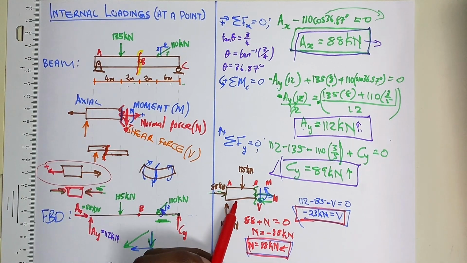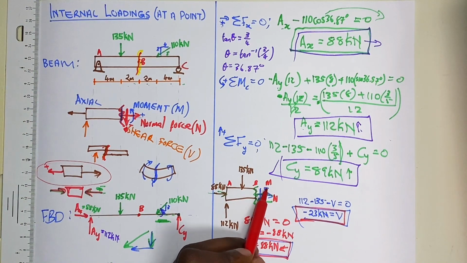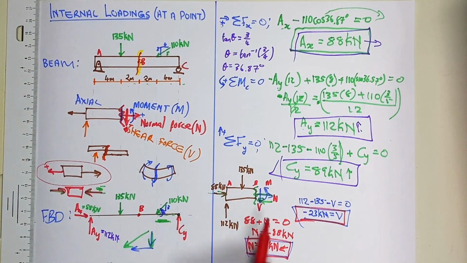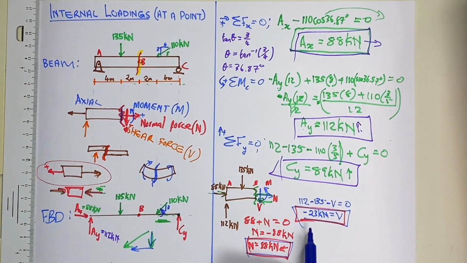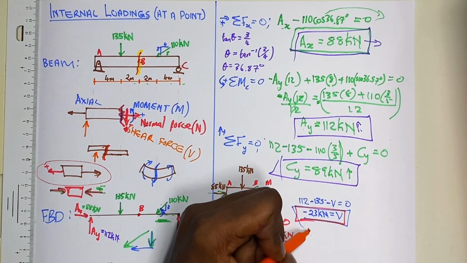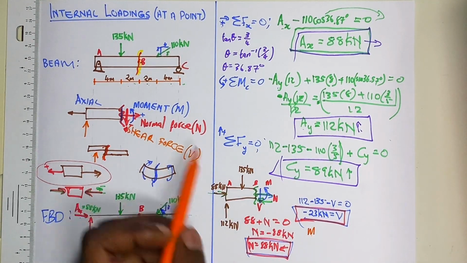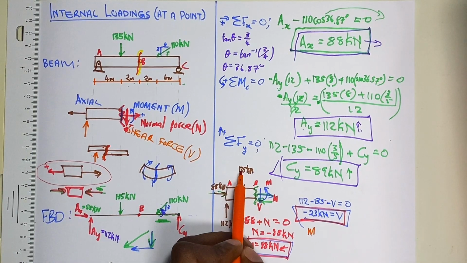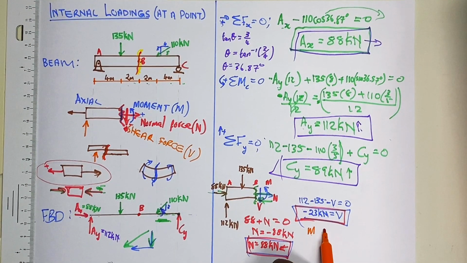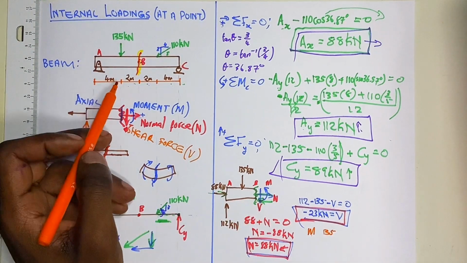Now, how do we find our moment? We have the moment itself, our M, which is acting anti-clockwise. Let's assume that anti-clockwise is positive. So I'm going to take my moment M, and then where else do I get moment? Now we want it about B. So we also have 135 that is acting how far from B?